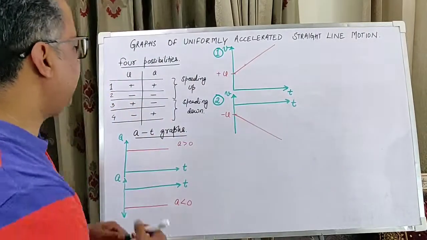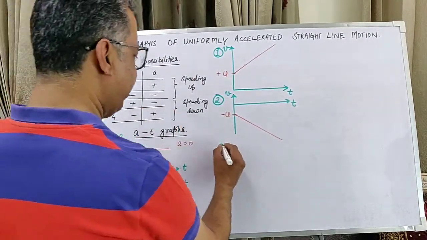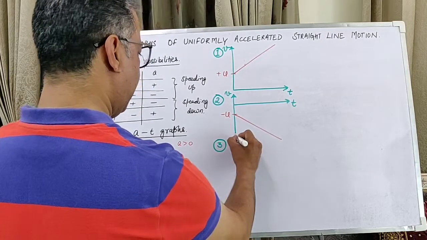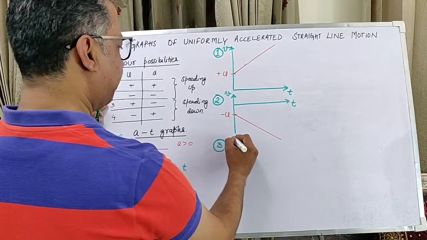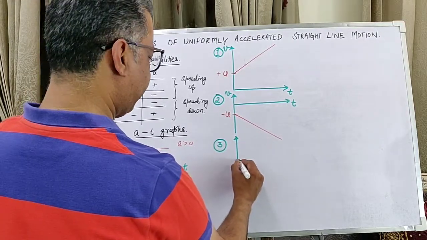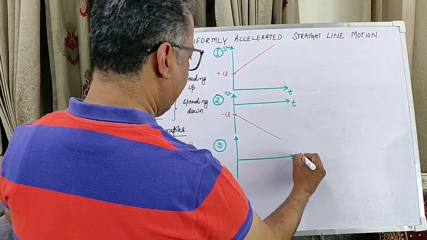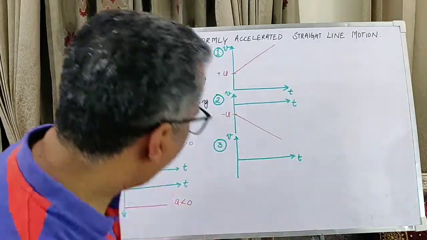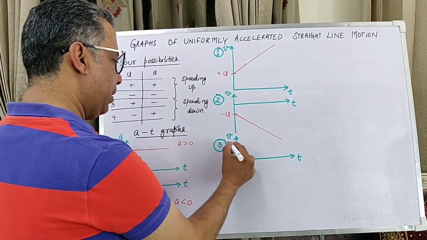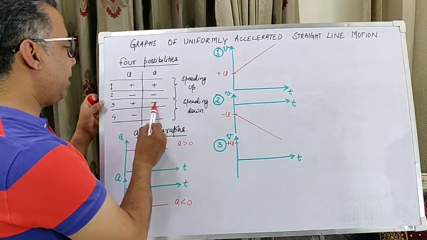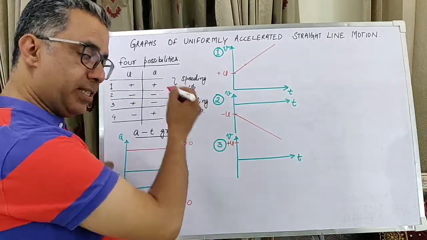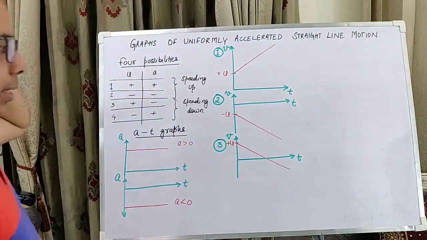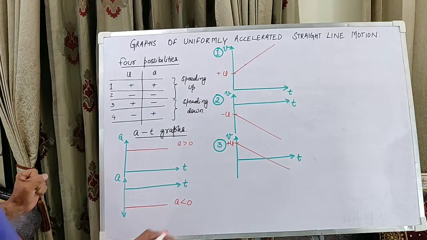The third possibility, where u is positive and a is negative. Now the third case, u is positive while a is negative. U here is positive plus u, and acceleration is negative. So it's got to be a downward sloping straight line. Now this kind of a case is actually pretty interesting.